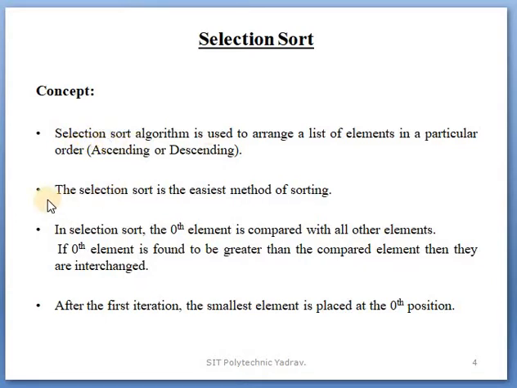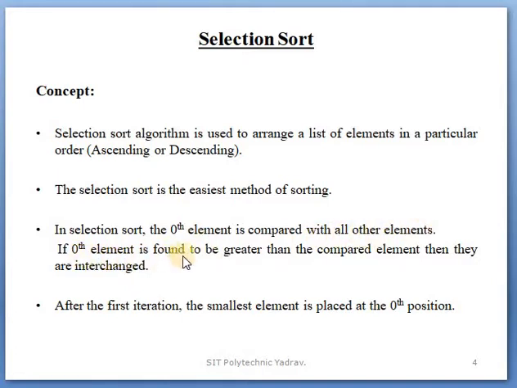The selection sort algorithm is used to arrange the list of elements in a particular order, ascending or descending. The selection sort is the easiest method of sorting. What is the work of selection sort? In selection sort, the 0th element is compared with all other elements.